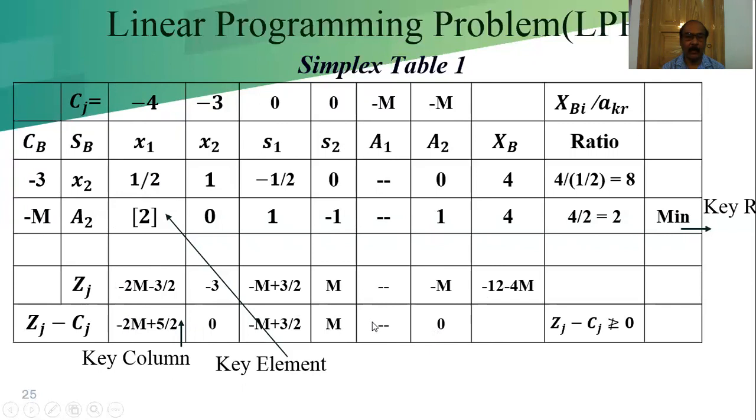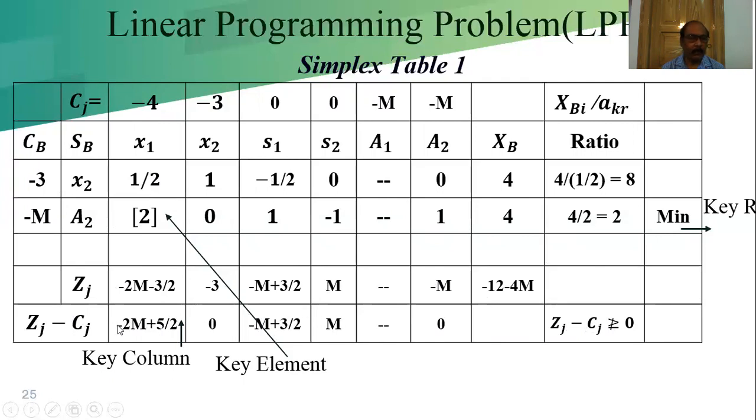Now observe from the calculation that all Zj minus Cj are not greater than or equal to 0. That means this is not the optimum solution table, so we have to iterate further.